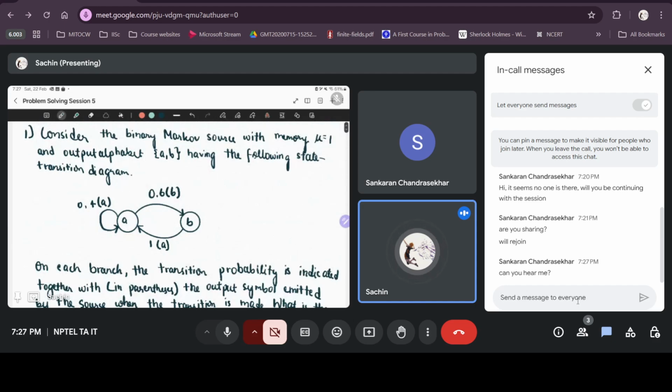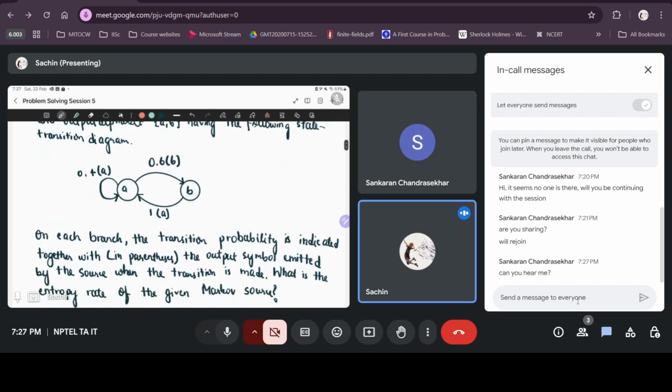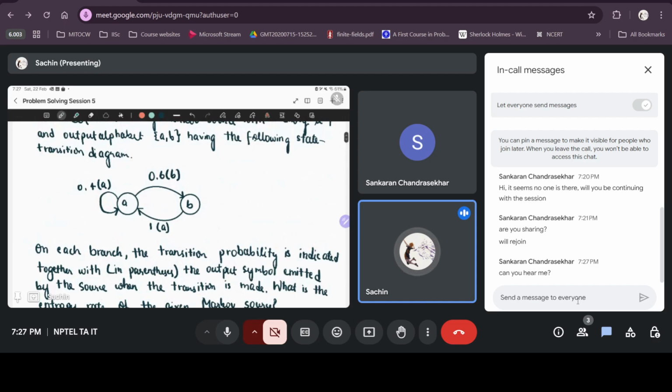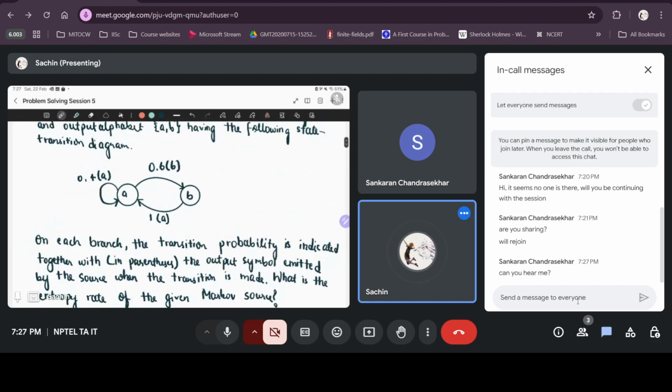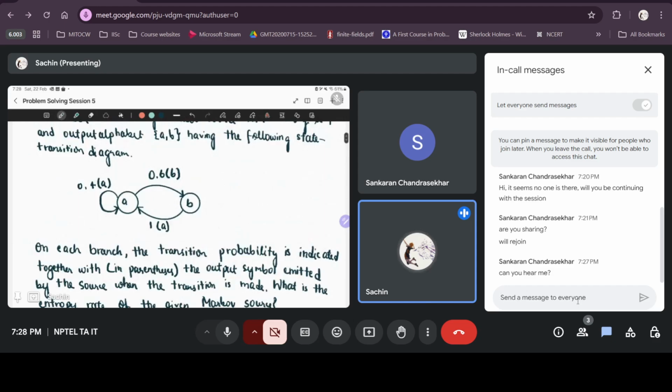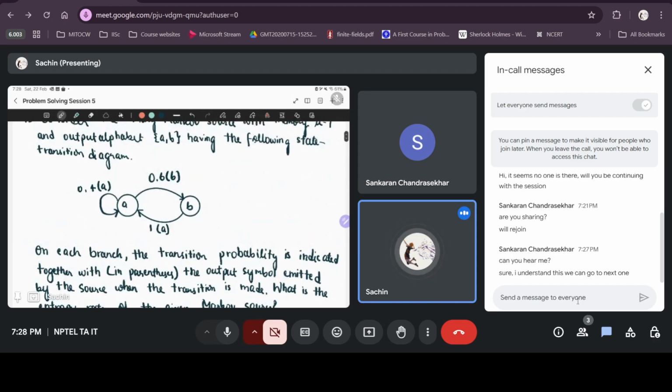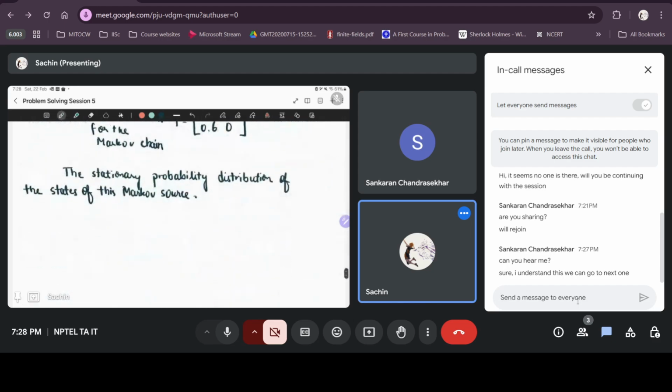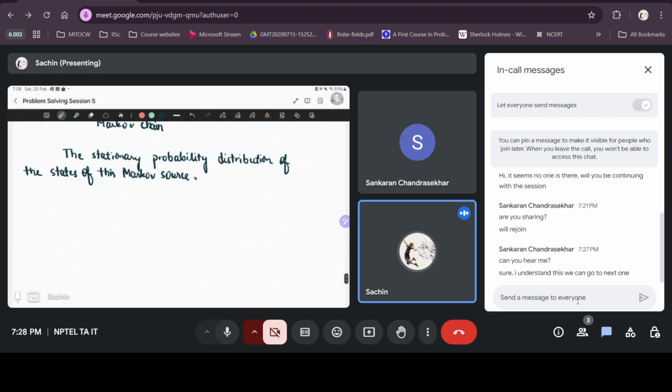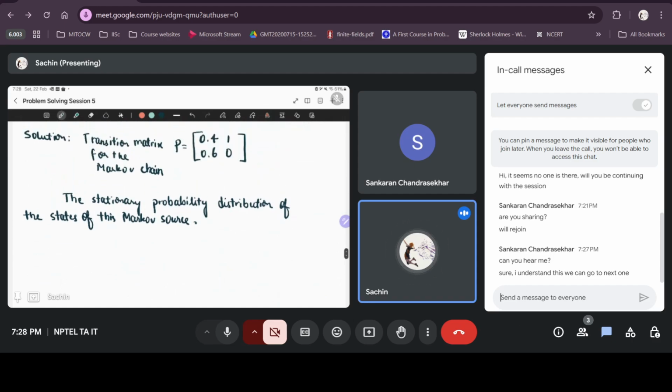Here's the question. There's a binary Markov source with memory mu equal to 1, and the Markov chain transition diagram is given below. Let me write the solution though for other people.